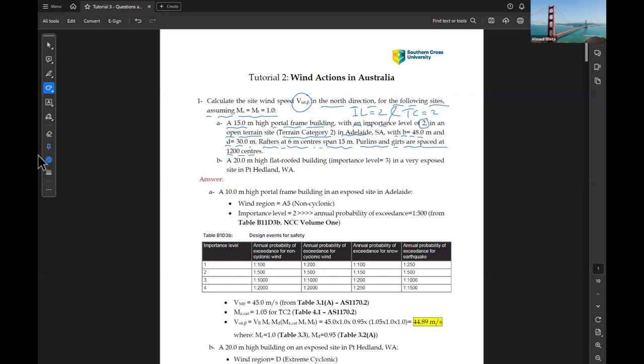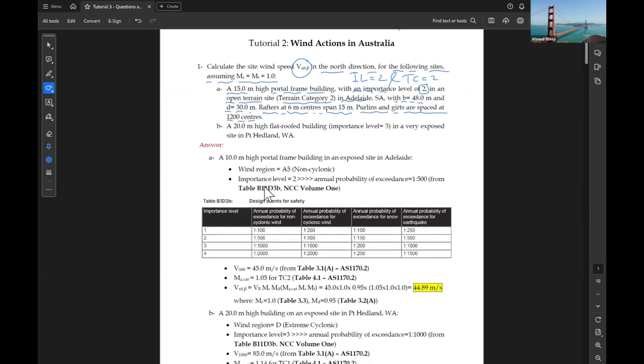So if we look at this one, a 10-meter high portal frame in an exposed site in Adelaide. If we look at the map, Adelaide is in wind region A5, non-cyclonic. So the region is A5. The importance level is 2.